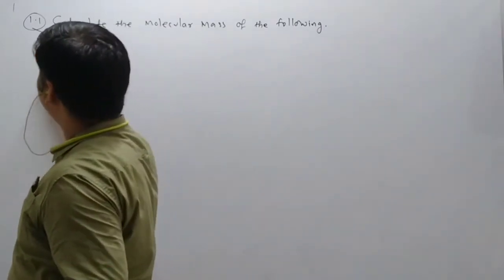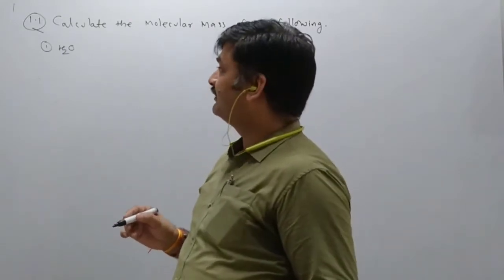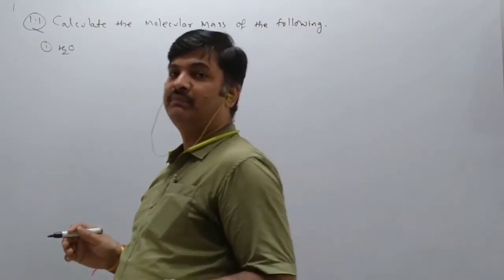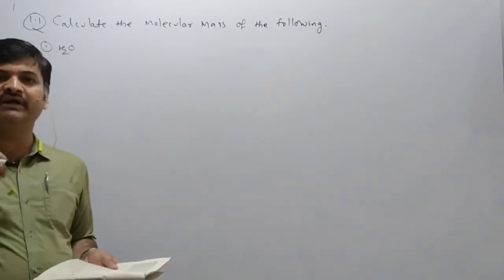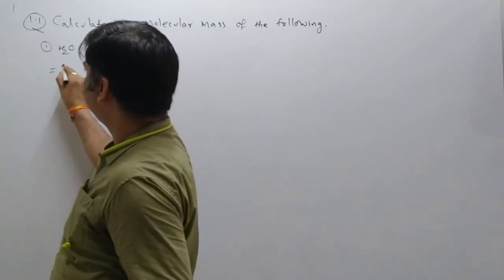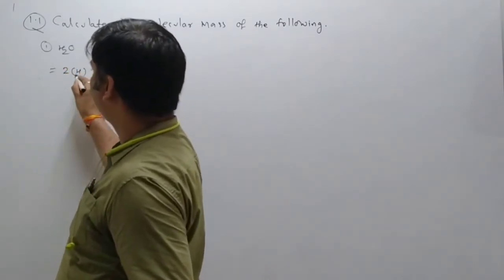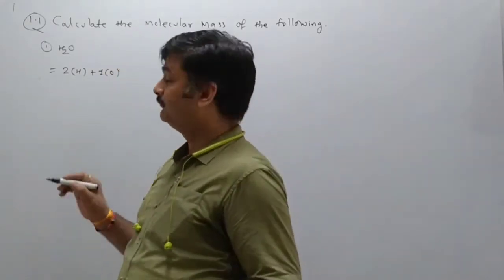Here, question number 1, H2O is given. Whenever you are calculating molecular mass, whatever number is given, see here, the number of hydrogen is 2, so 2H, and the number of oxygen is 1.